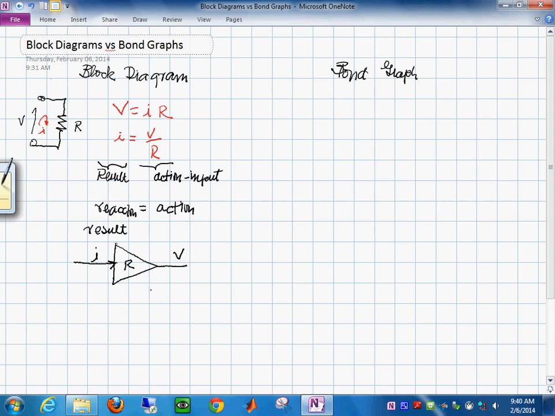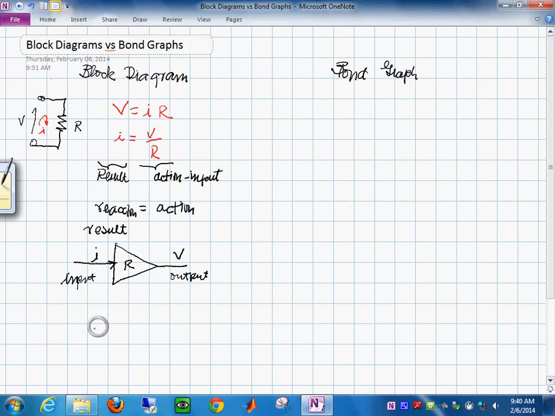I think this is very obvious here. You see this is the input, and this one is the output. This is of course the Simulink term. This is how Simulink does it.